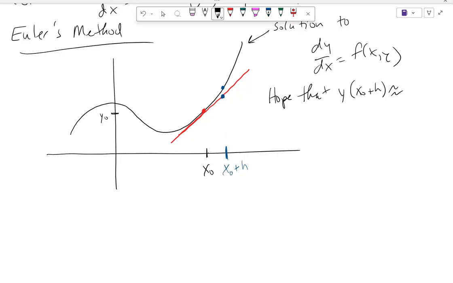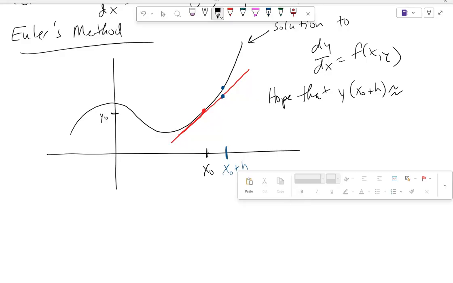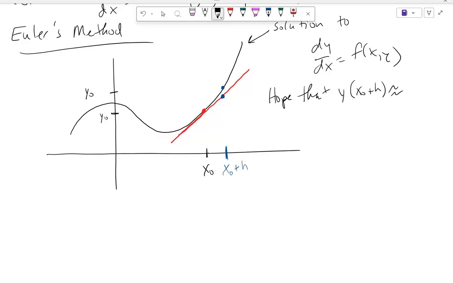Well, how did we get to that next point? This part right here would be your y of x naught plus h. What's the y coordinate for this one?